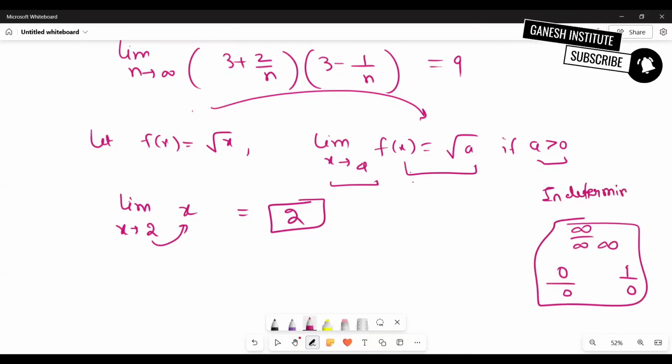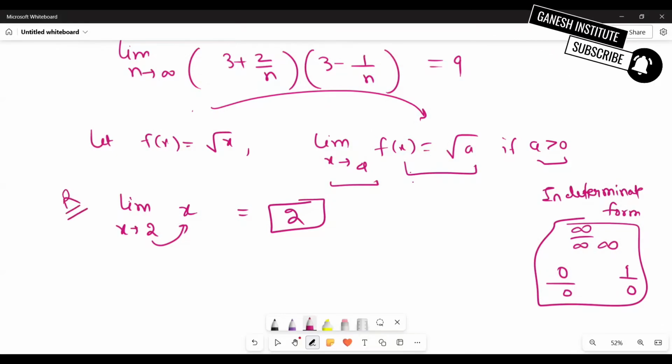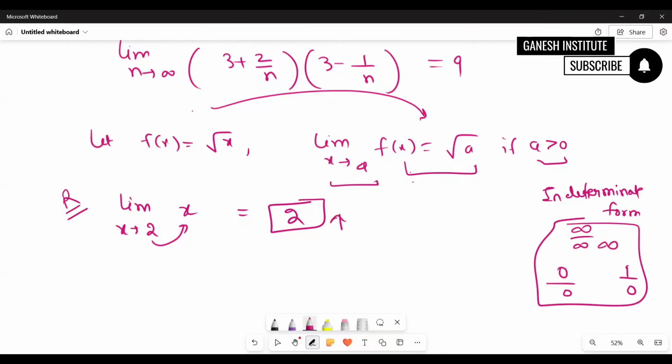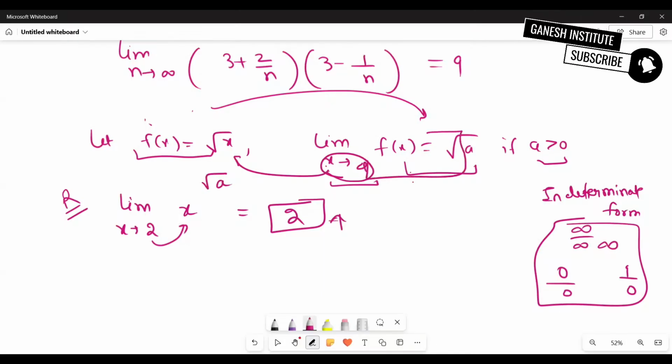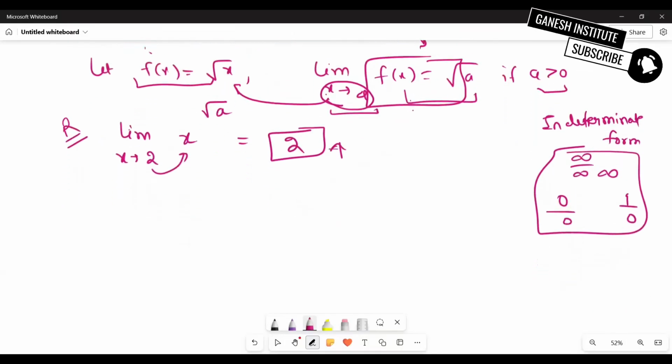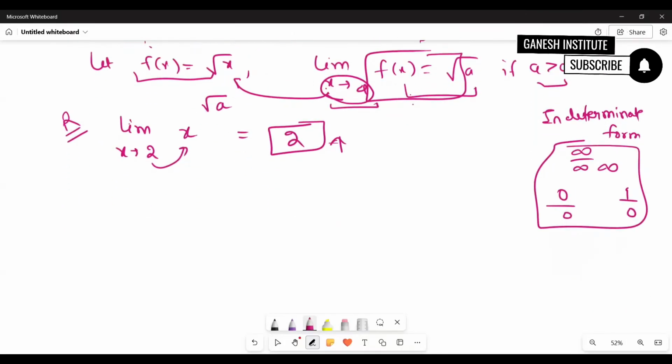So if I'm getting an answer which is justified and which is within the range of real numbers, then I simply put down the value and get the answer. So if this is the case, fx is root x, and I know that x is tending to a, so I can simply put down the value and I'll get root a, right? Because it is not giving me any infinite form.